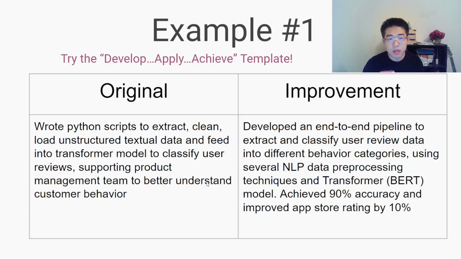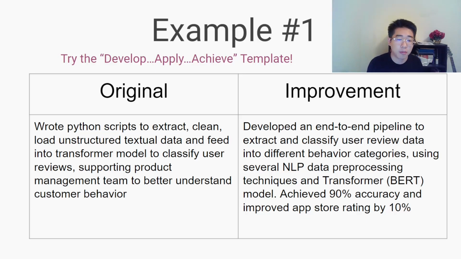Okay, that sounds great, right? That actually sounds pretty good. If you just look at the structure, it does tell what you did and what type of things you did. But it's lacking some details, right? For example, what type of transformer model? There are many different models, right? And then you're using some textual data. So maybe you could add some buzzwords in there, like NLP, right?